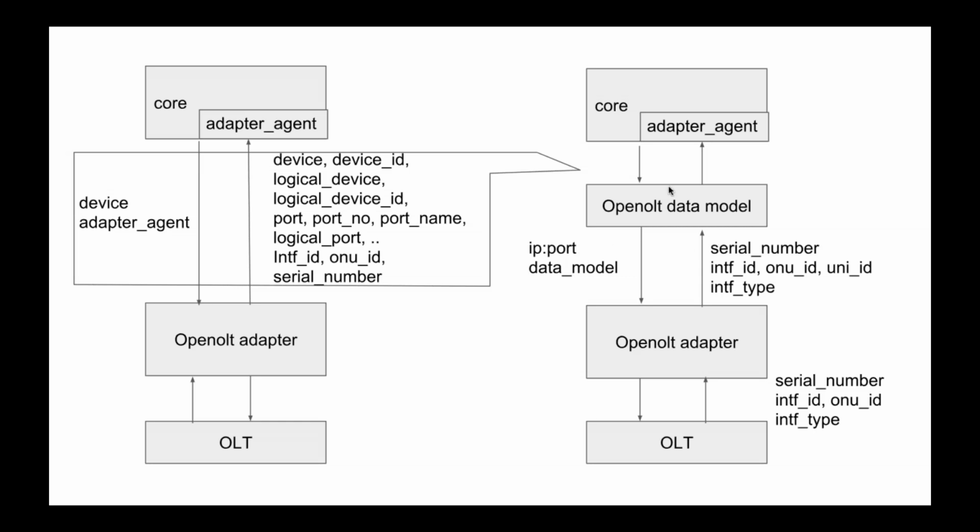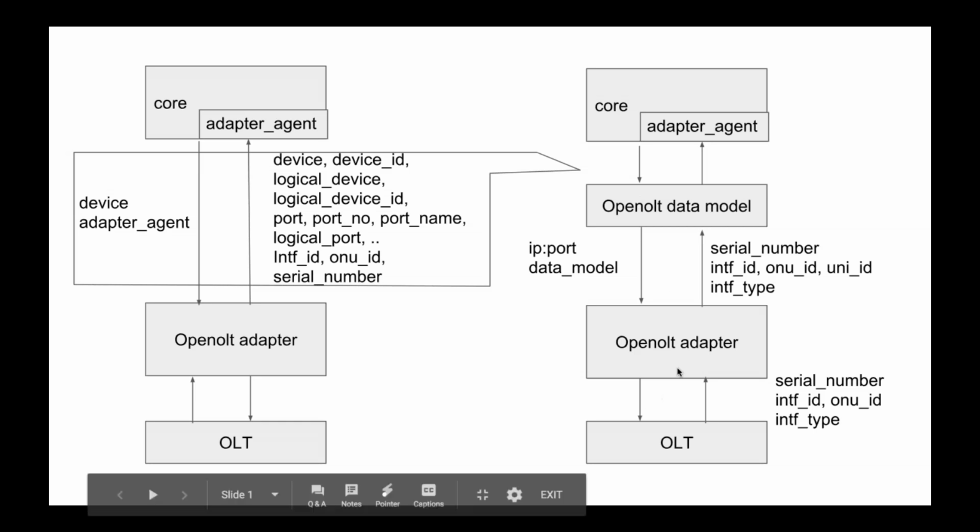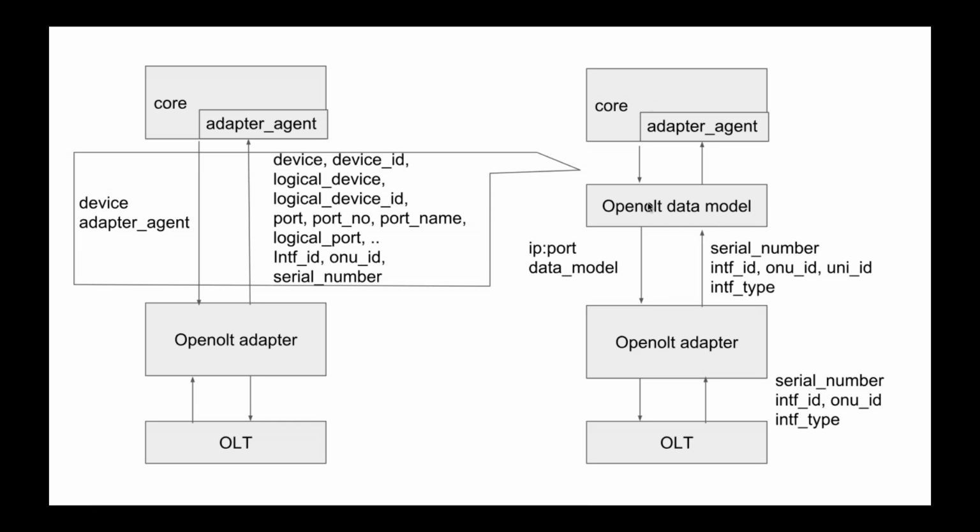So what on 1.x I'm doing is introducing this thing in the middle between the core and the adapter, something called an openolt data model. And the interface between the core and the data model remains the same because we don't want to go and change the iAdapter interface.